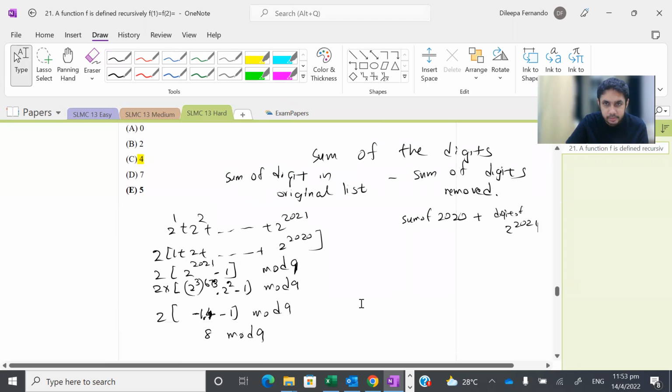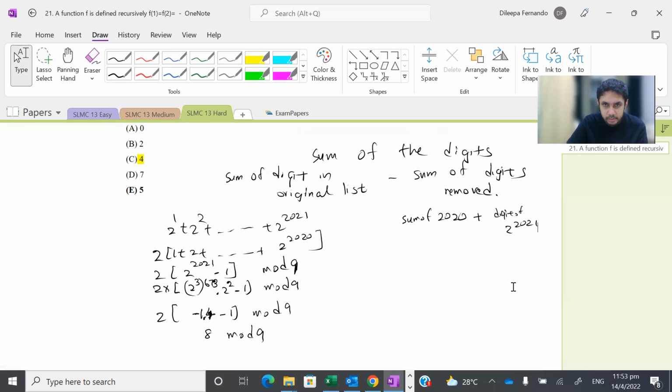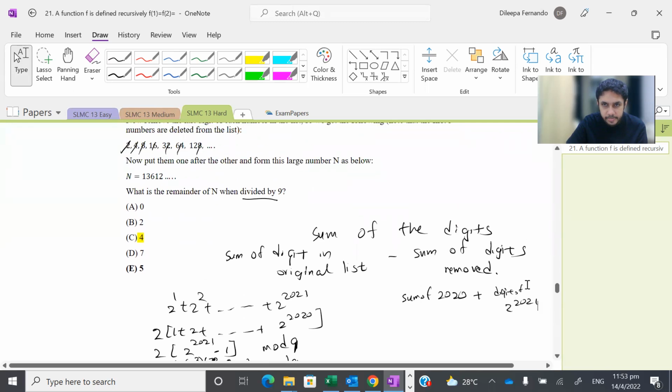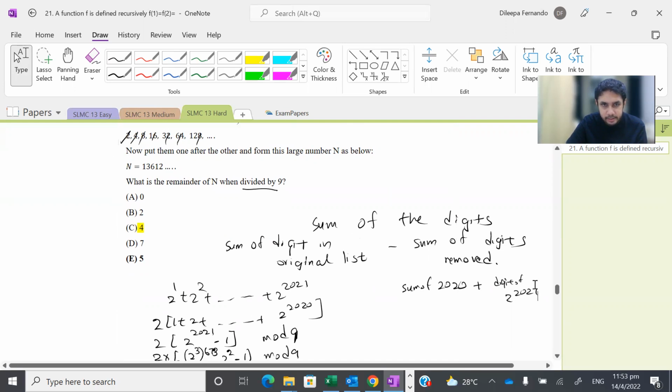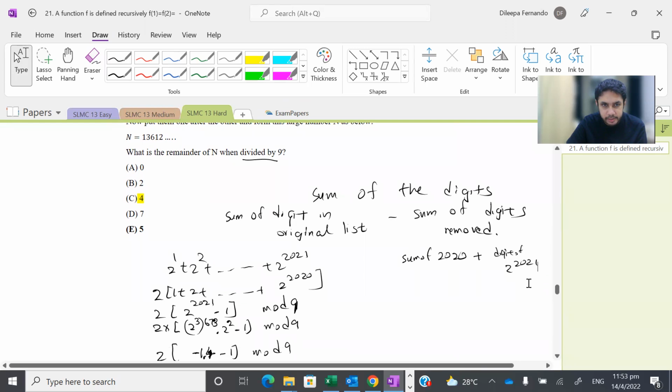You can see 2, 4, 8, 6, and 2 to the power 2021 should be 2. Last digit should be 2.